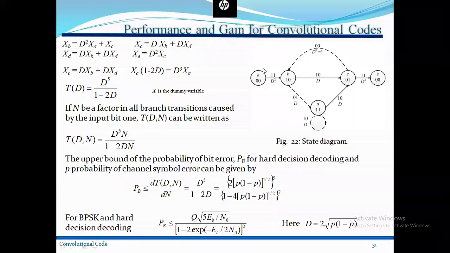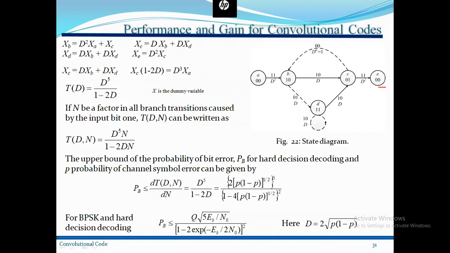So we need to compare the performance and gain of convolution codes, and this can be determined in such a way that all the paths originate from A state and all the paths terminate at A state, which is mentioned here as E. So you can see that either we move this way, or this way, or this way.